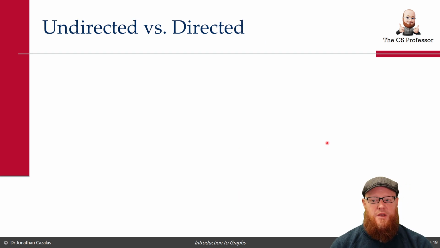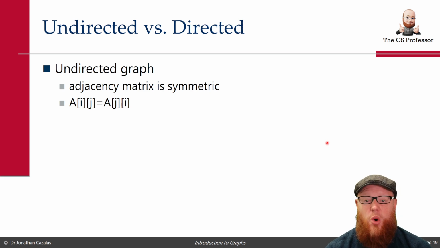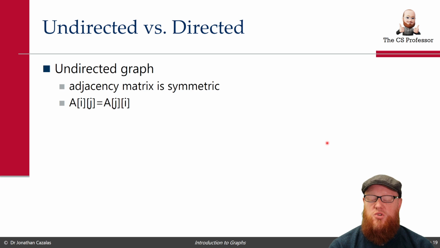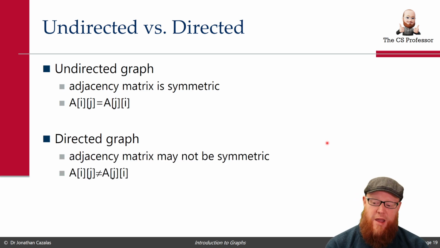Some takeaways. When we have an undirected versus a directed graph, an undirected graph is going to be symmetric, meaning whatever value is stored in the array at index ij will be the same value that is stored at index ji, versus a directed graph, where we're indicating direction, there's no guarantee of symmetry.